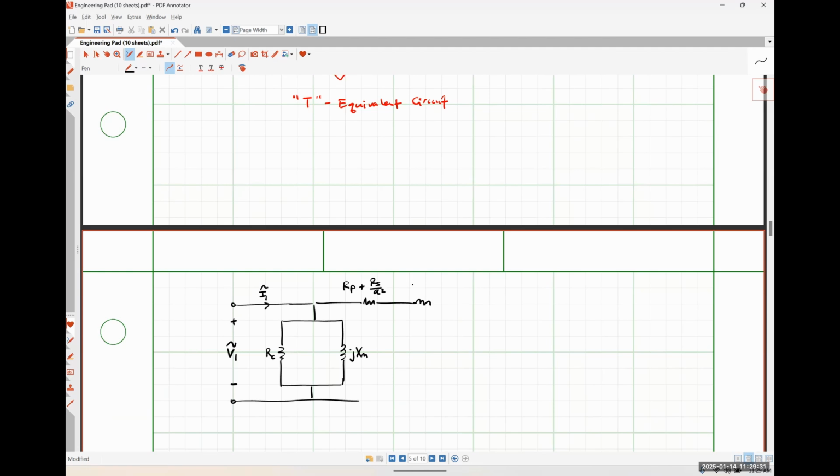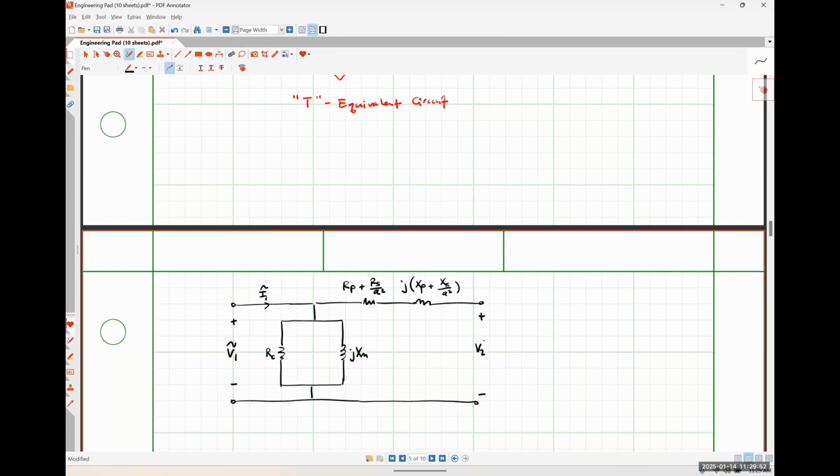Here is an inductance that is j(XP plus XS over A squared). And then here are our effectively referred secondary terminals.